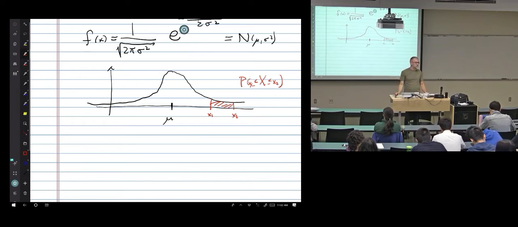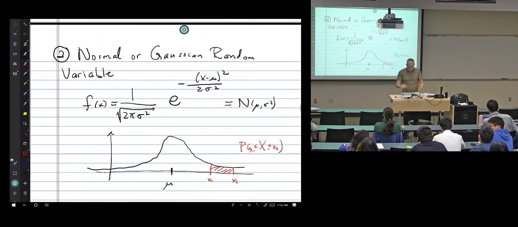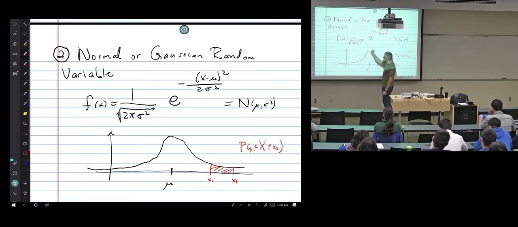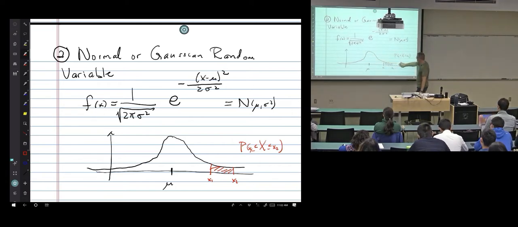Everything here seem okay so far? It's a description of how, if I just keep drawing values, the numbers would look. A bunch of them would cluster about the mean, and then there'd be fewer and fewer that were very far away.